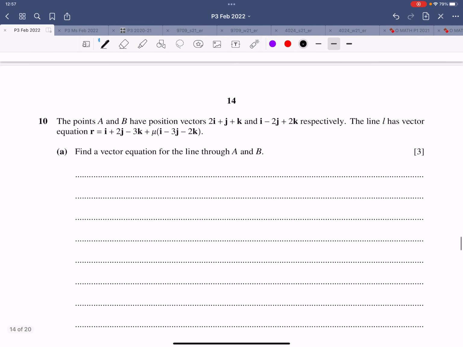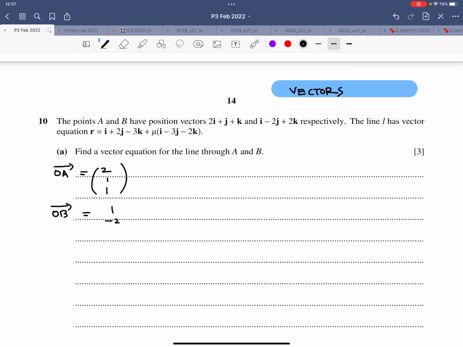The next question. Now this time the question is about vectors, and let's continue with this. The point A has position vector 2, 1, 1. The point B has position vector 1, minus 2 and 2. And let me calculate AB because I have a feeling I will be needing this.